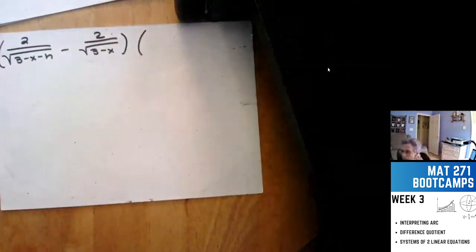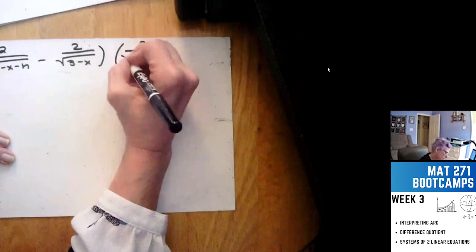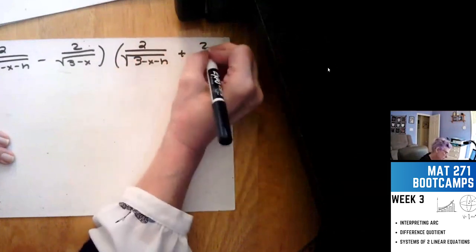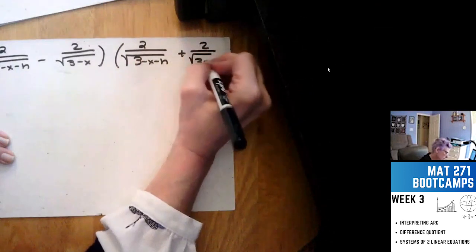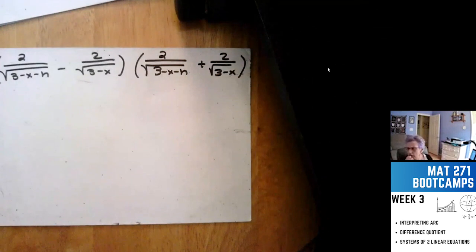And then take out the radical first. So you want to do 2 over square root of 3 minus x minus h. Is that what you want me to do?